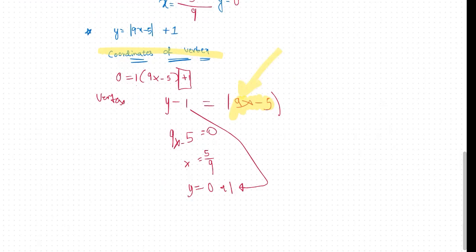Yeah, so this was 0. So y minus 1 is 0. Y equal to 1. So the coordinates of vertex are what?